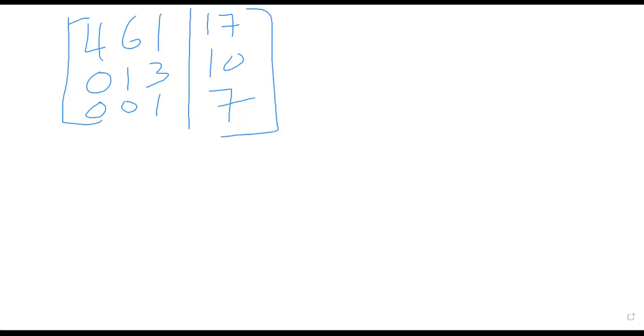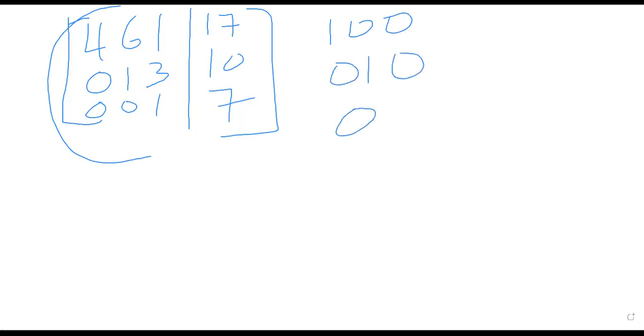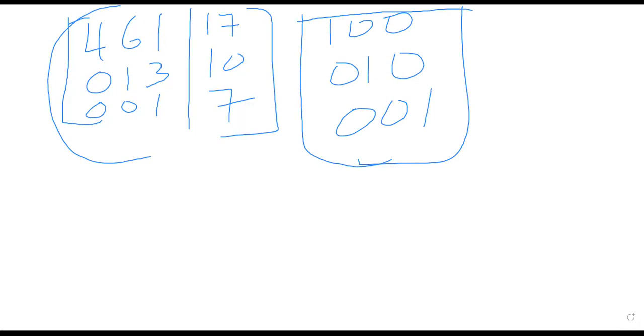So now we want to change it to look like this. We want to change here to look like 1, 0, 0, 0, 1, 0, then 0, 0, 1. This is what we want it to look like. So let's redo it again.